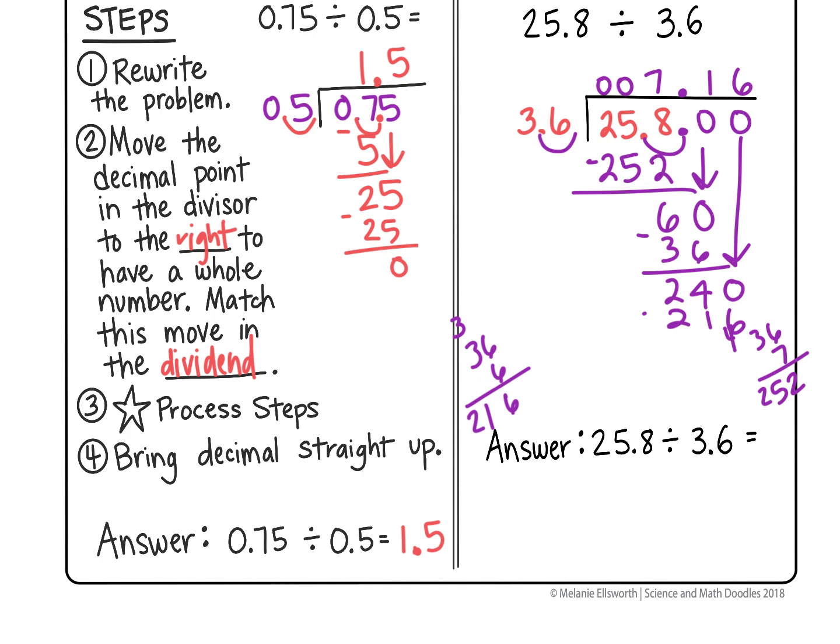So when I write my answer, what I'll write is 7 decimal point 1 6, but I only put a line over the 6 because that is the only digit that repeats. Okay, are there any questions?